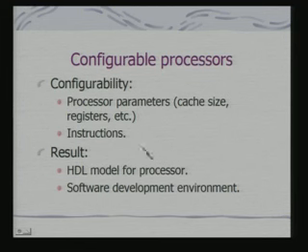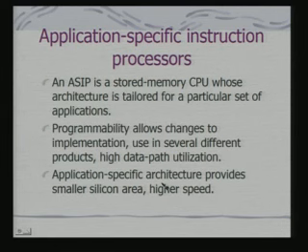You start with an HDL model of the processor and a software development environment, and these are called application specific instruction set processors, or ASIP. Programmability allows changes to the implementation using several different products and high data path utilization. That means you have the ability to configure the architecture of a processor depending on the application, not the major part, but at least the registers, the cache size and those elements.